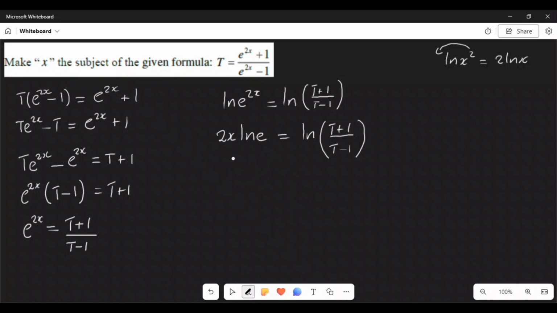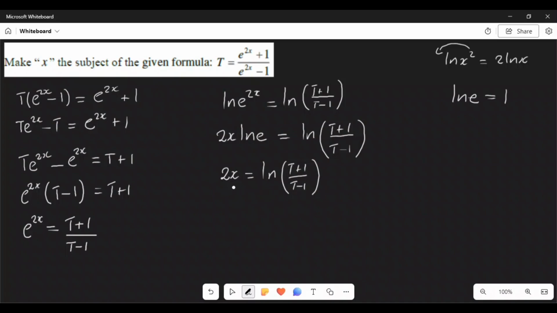Now there's another thing that you need to know. Natural log e is the same as 1. So here we can just say this is 1. So if we rewrite this, it's going to be 2x. Then we continue, and the right hand side we leave as it is, because we cannot do anything at the moment. I know this takes longer, but it is step by step, so that everyone can understand.